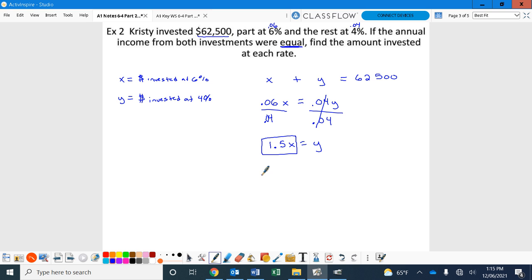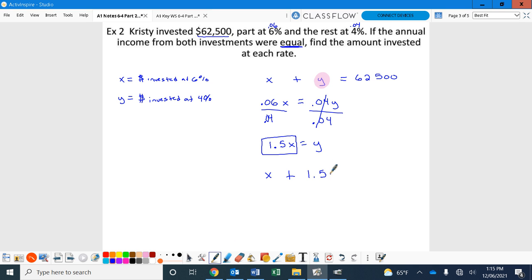Okay, this problem needs to be solved by substitution. To solve this problem by substitution, you're going to have to plug this back in to the y in this problem. So it's going to be x plus, guys, instead of writing y, what am I going to put in there? 1.5x.